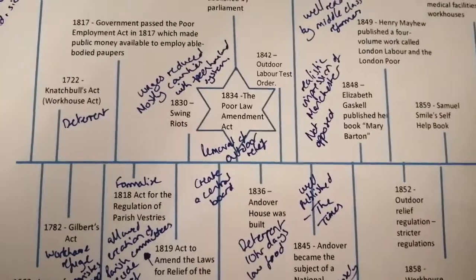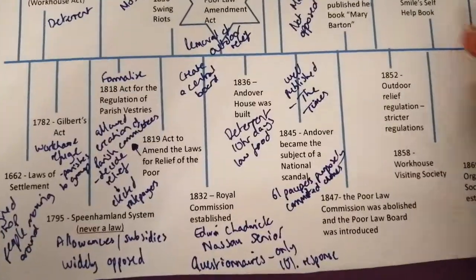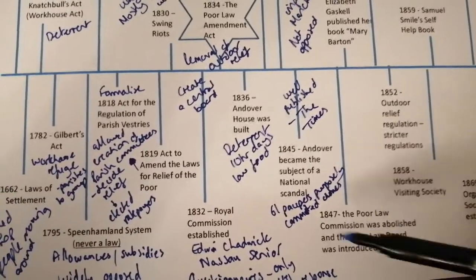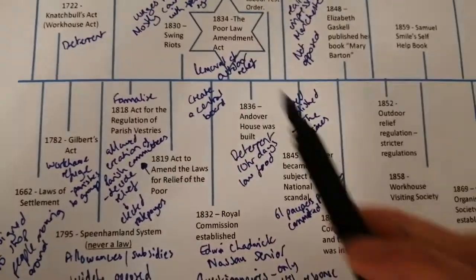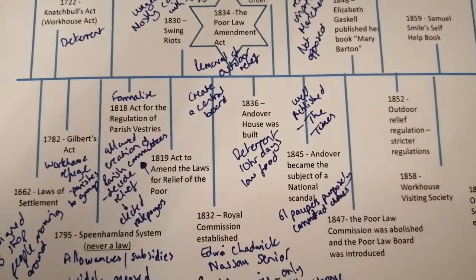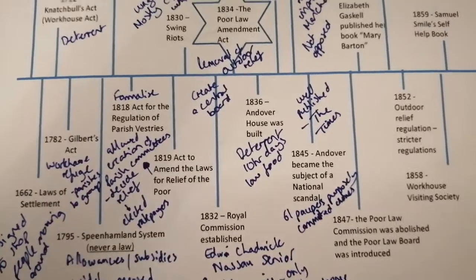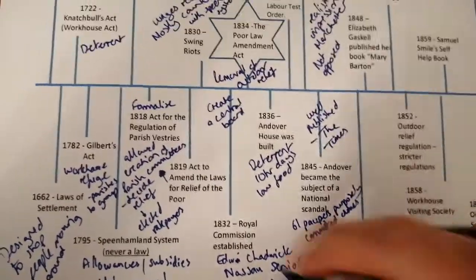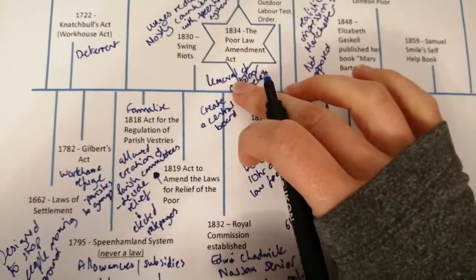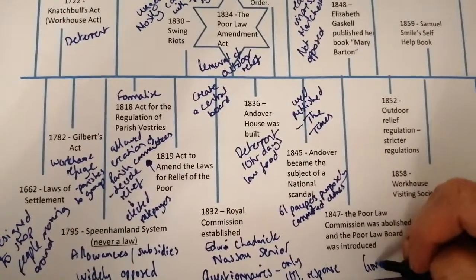Now, we also have the Poor Law Commission being abolished in 1847, so it has not lasted very long in this sense, with this idea of a more central unit. And this actually starts to shift things, because whereas all this has been controlled by the parishes and individuals, this is now giving government more control again.